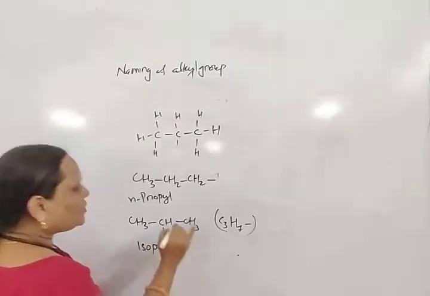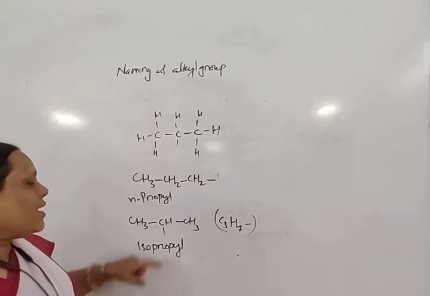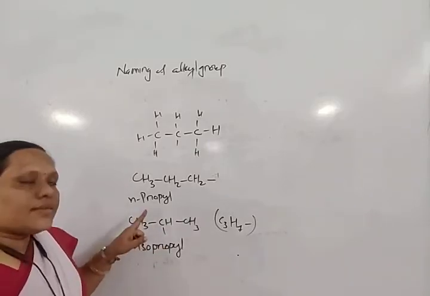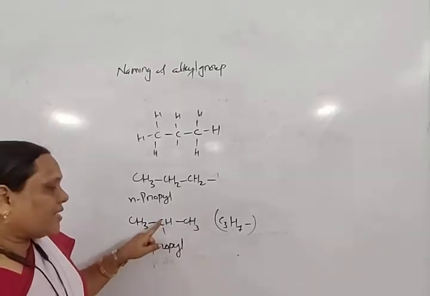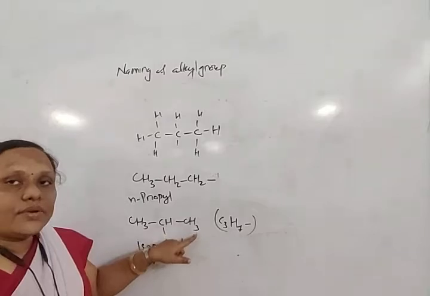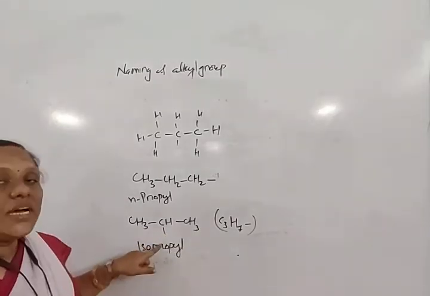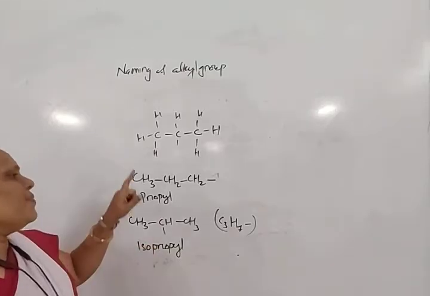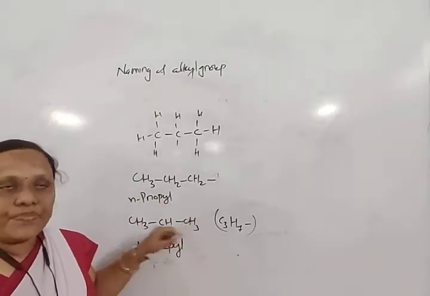The second carbon is attached to two methyl groups. So this is the isopropyl group, and this is the n-propyl group.